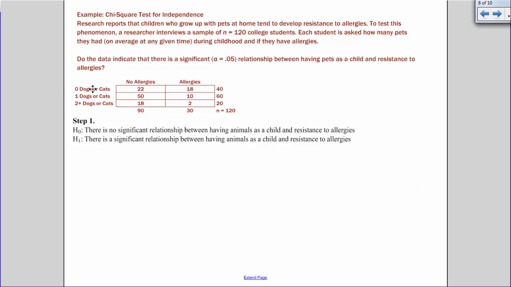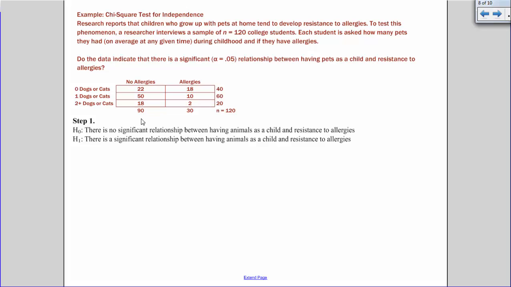So we've got people who had 0 dogs or cats as children that had no allergies in college, people who had 1 dog or cat as a child with no allergies in college, people with 2 or more dogs or cats as a child who had no allergies in college, and then those who had 0 dogs or cats had allergies, 1 dog or cat, allergies, 2 or more dogs or cats, and allergies.